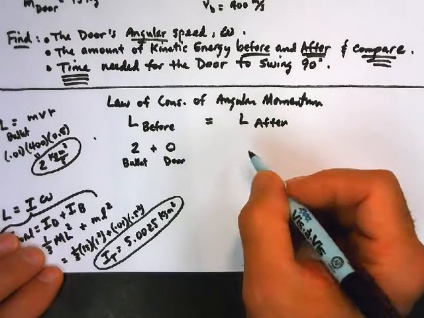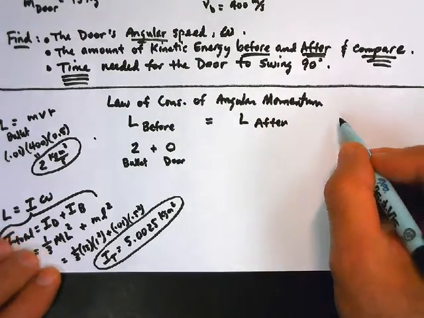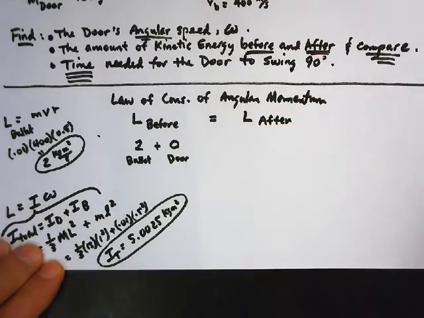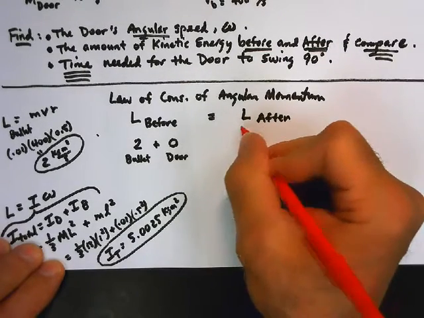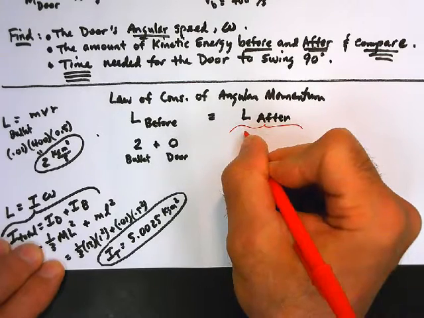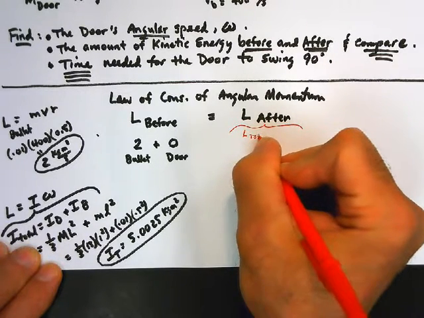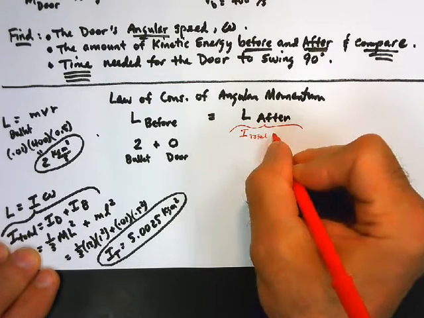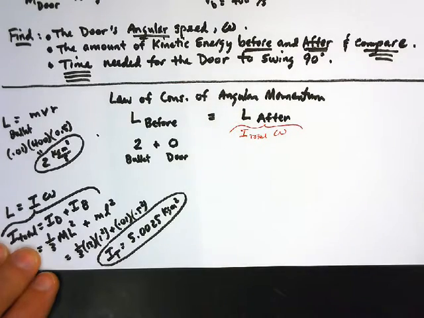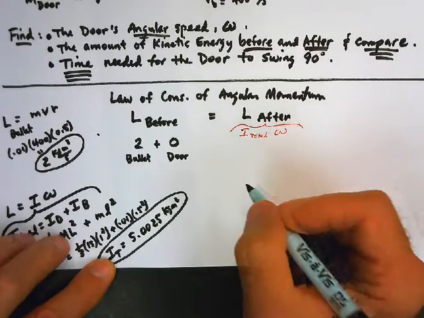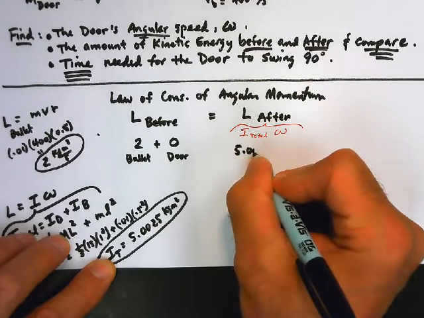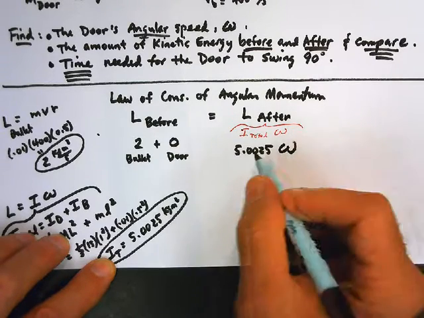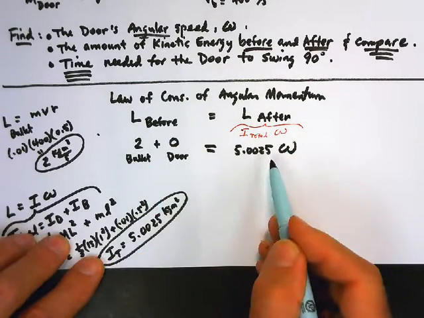Remember that we're using the form L equals I omega, so this would be L total equals I total times omega. I total, we found, is 5.0025, and we want to find omega. So we can set this equal to this.